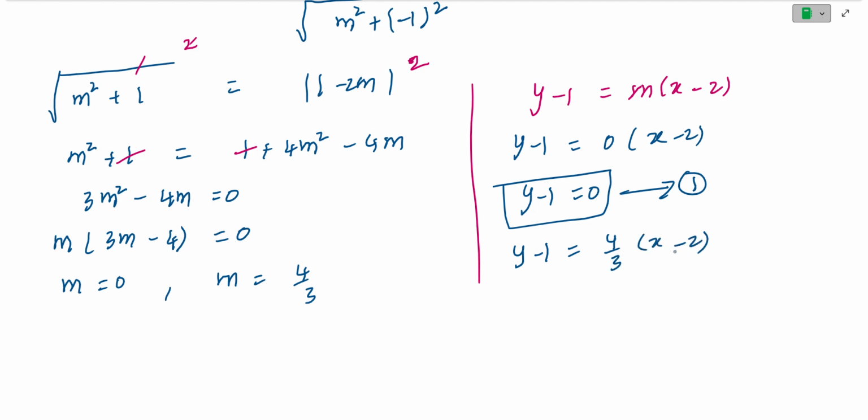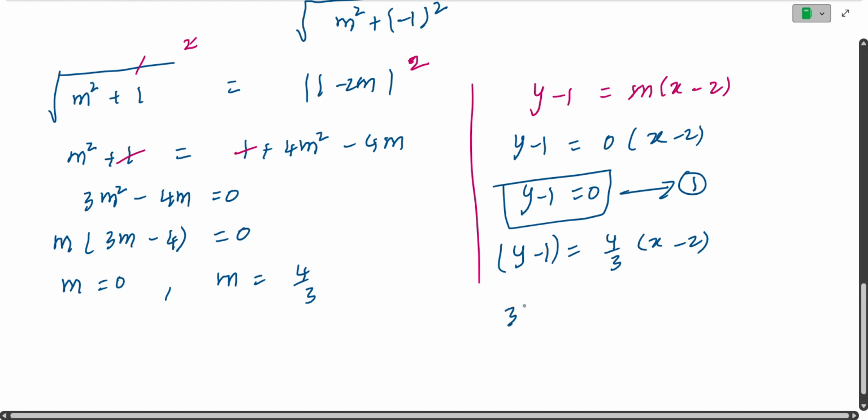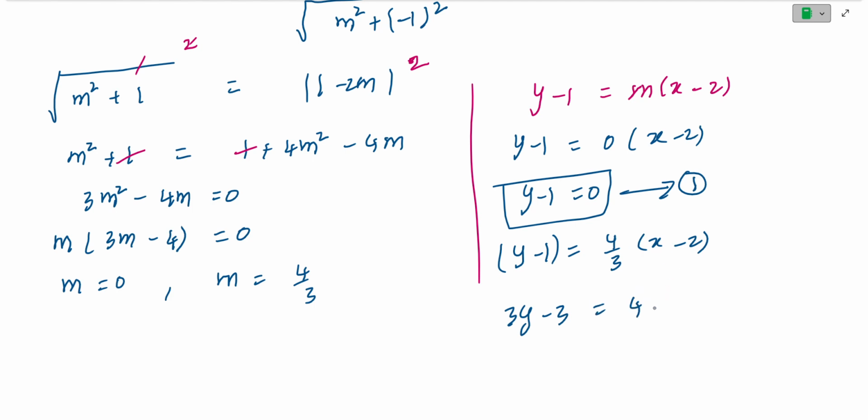Okay, so now let me simplify this equation. So 3 is transposed to the left hand side, 3y minus 3 is equal to, multiply 4 to the expression x minus 2, we are going to get 4x minus 8.